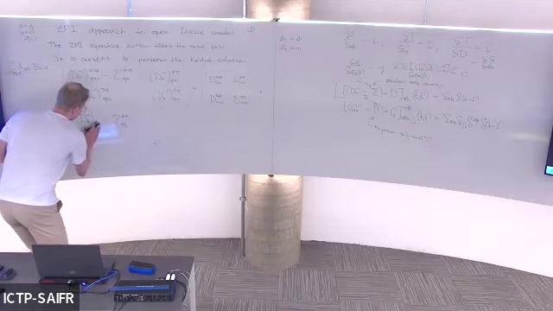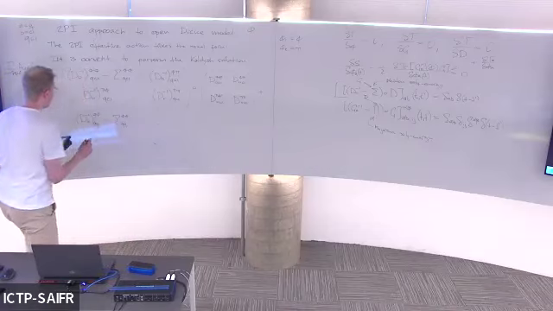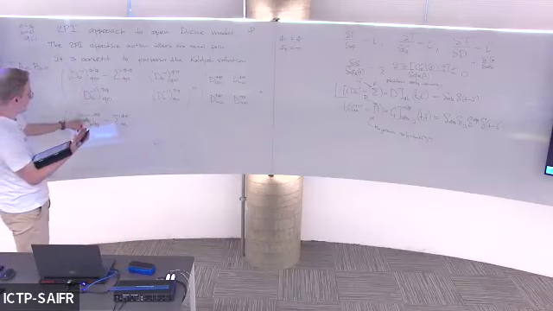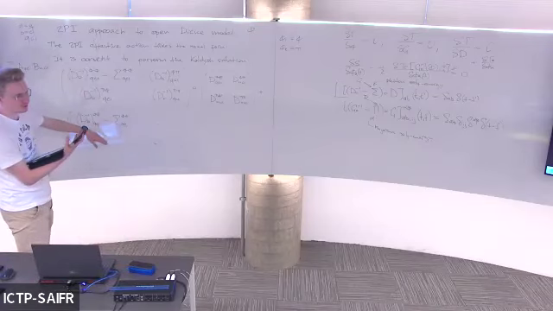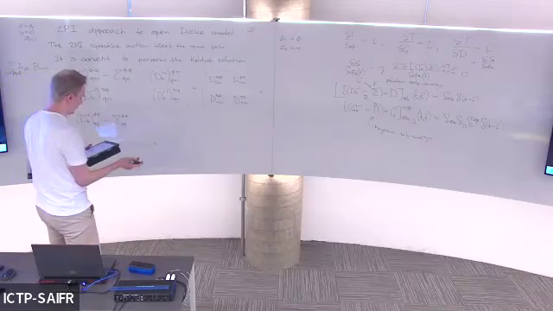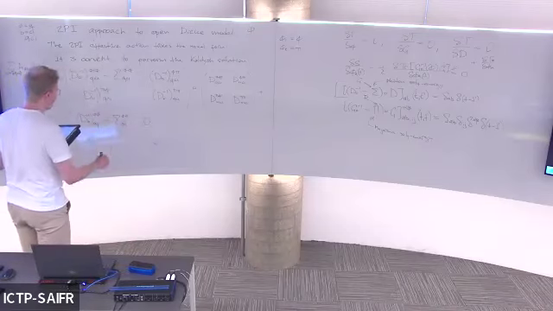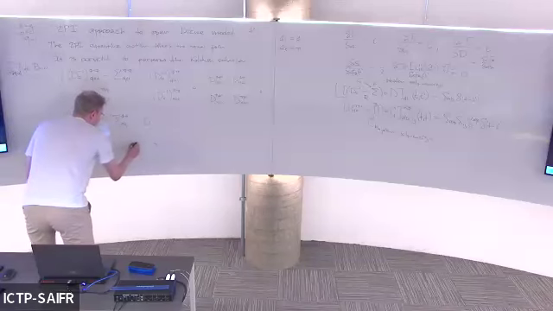Convince yourself that only the diagonal entries have a quantum component. Off-diagonal ones do not have it, of the bare propagator, of the bare inverse propagator.